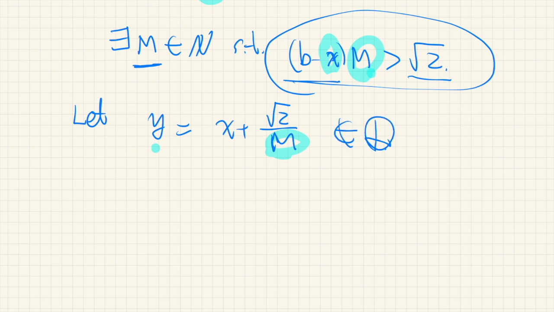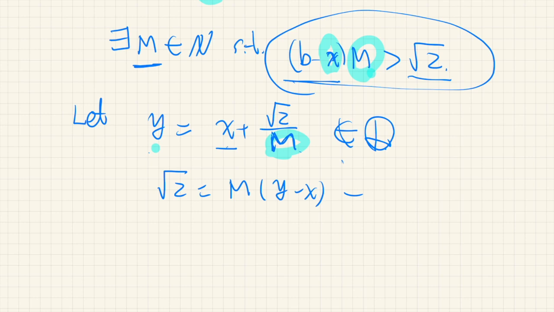Because x is rational and m is a natural number, if y is a rational number, then if we subtract x from both sides and multiply by m on both sides, we have square root of 2 equals m times (y minus x).